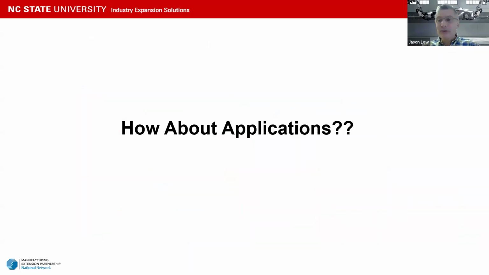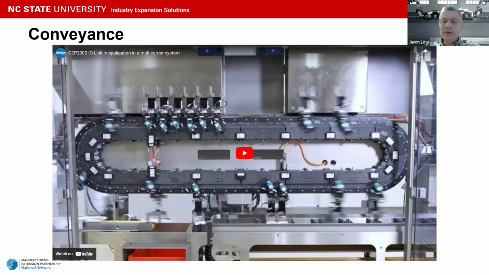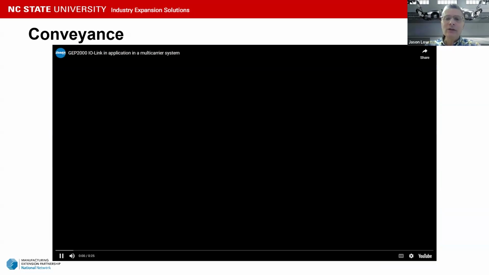So I wanted to talk about a couple of applications, and this is in the area of conveyance. And it doesn't matter what the product is. So I'll preface this with, it doesn't really matter what the product is that's going from point A to point B, but what we want to look at is how sensing is done and how it's changing control.